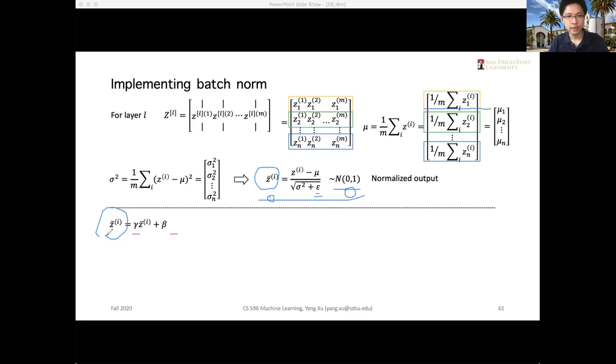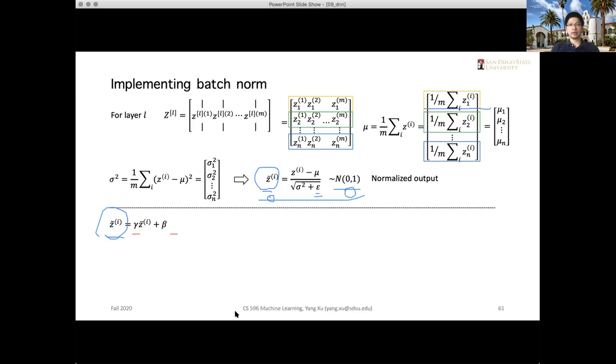This z tilde is defined using the z hat, the normalized output, because we want to give more flexibility to the model. We give it more freedom to be scaled up or down to different values. So we let the z hat, z bar, be multiplied by some parameter gamma plus some new parameter beta.